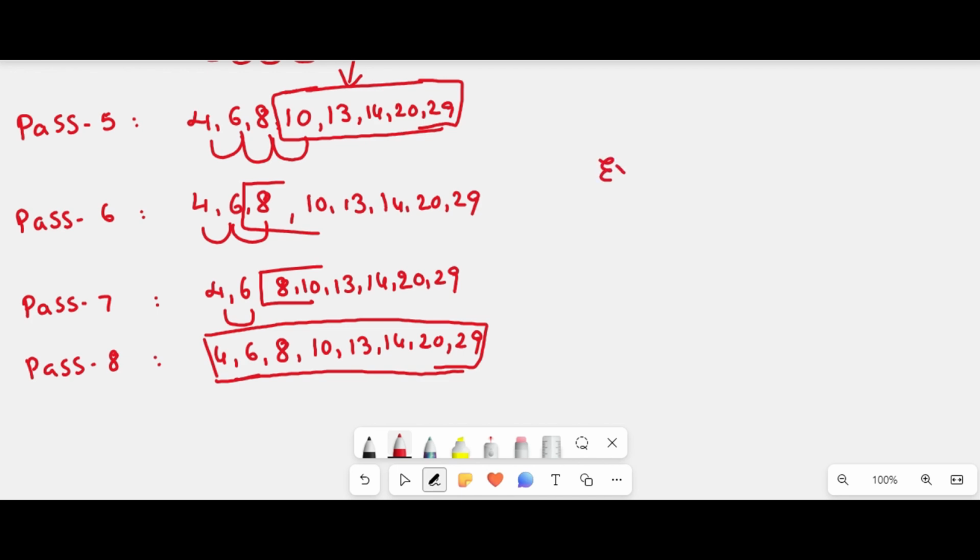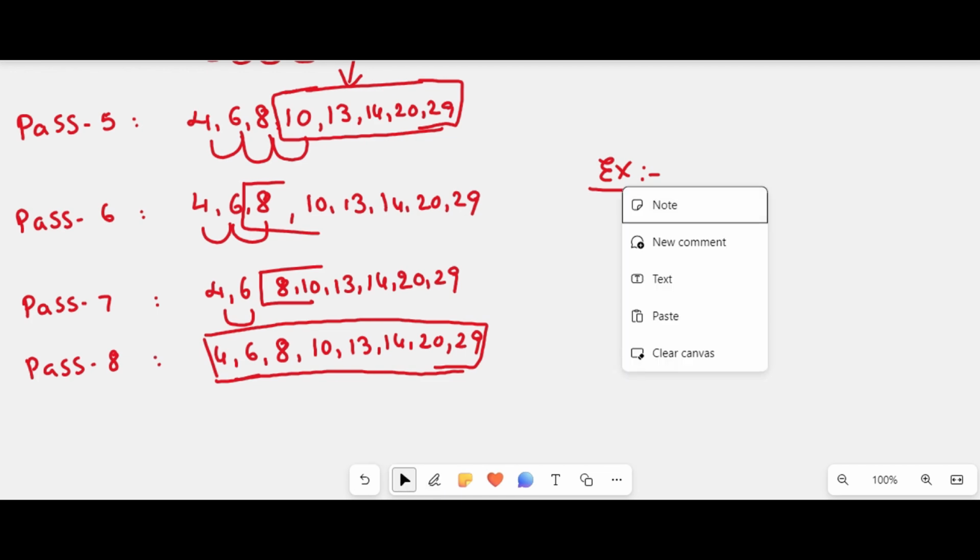So another example. Solve this and just give me a comment whether you are able to solve this using the bubble sort technique or not. Don't forget to give me the reply whether you got the sorted order or not.